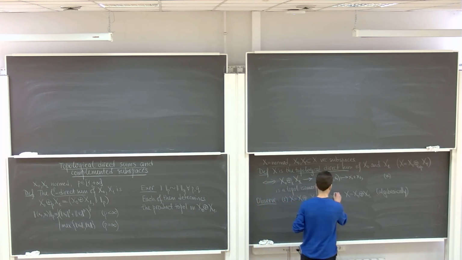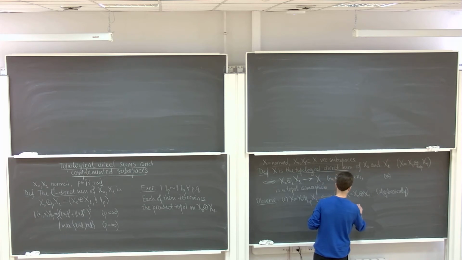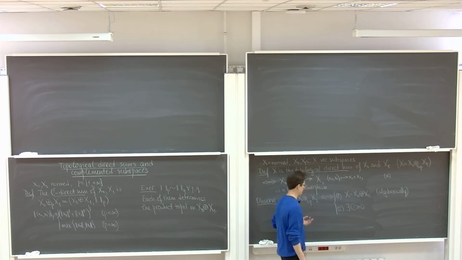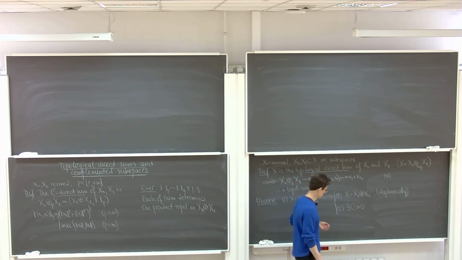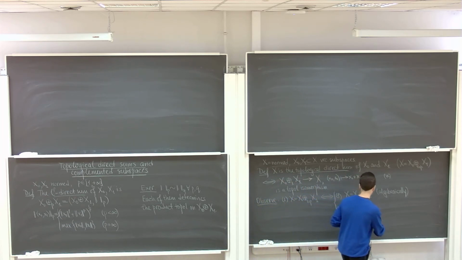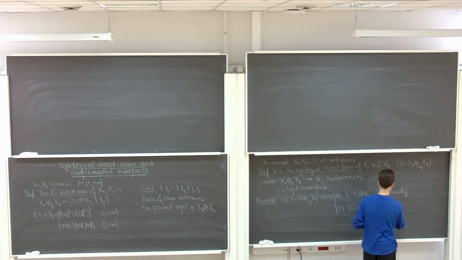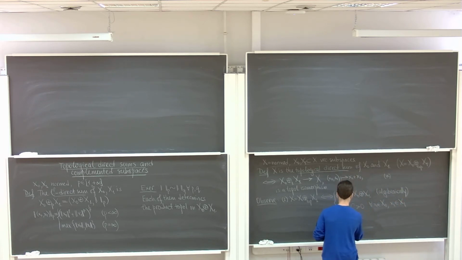And second, there is a constant c such that we have the following kind of converse to the triangle inequality: for each x0 in the first subspace and each x1 in the second subspace, the sum of their norms is less than or equal to c multiplied by the norm of their sum.